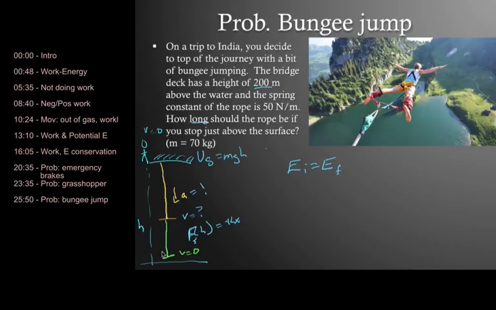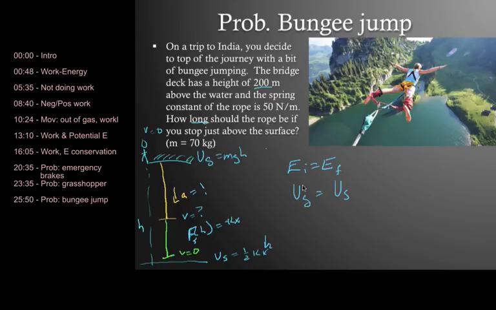So that energy is going to go into stretching. So that's basically down here, all the energy is being converted into spring energy. So 1/2 kx squared, where this x is like the distance that this rope is stretched. So initially we just have UG, and finally we just have US.